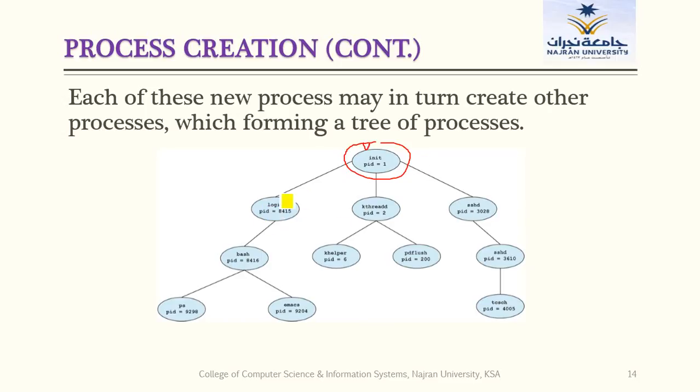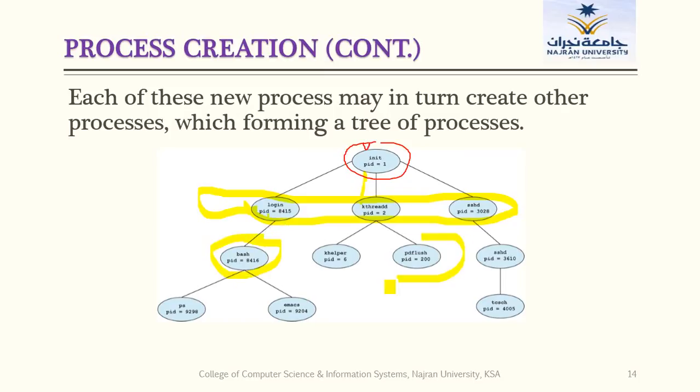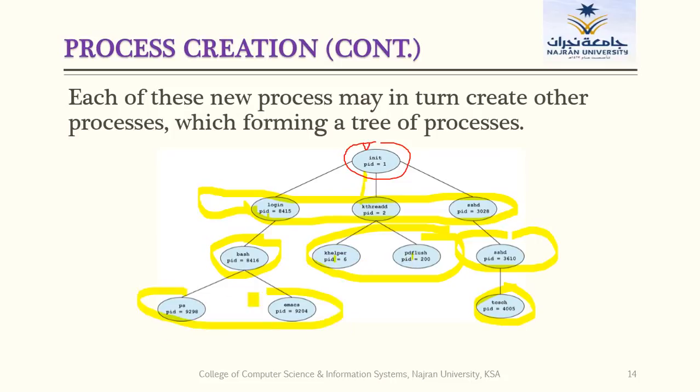So these 3 processes are children of this process. Then this process created one child, this process created 2 more processes, this one created one process, this one created one process, here there is no process, and here it has created 2 processes.